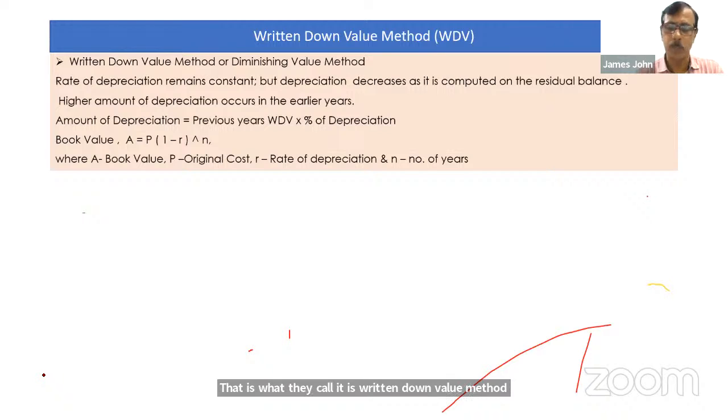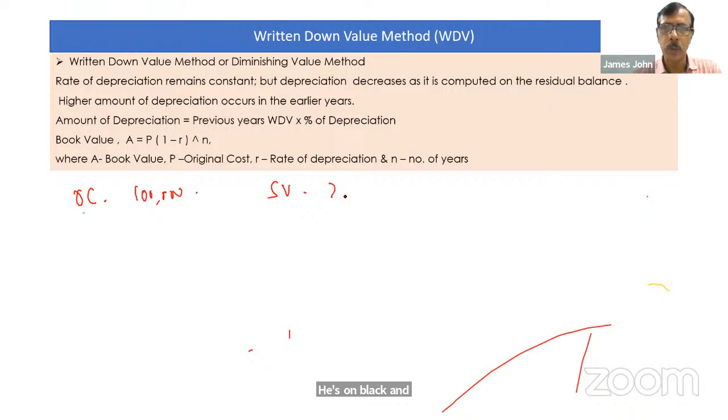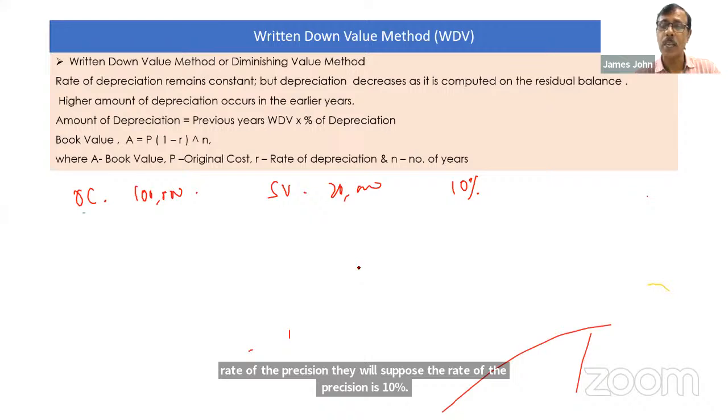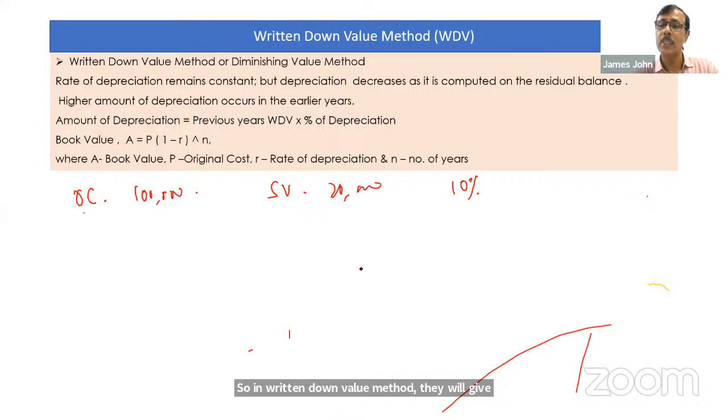I will give the same example. Suppose the original cost is 1 lakh and salvage value is 20,000. Here, the rate of depreciation they will give. Suppose the rate of depreciation is 10%. So in written down value method, they will give the rate of depreciation, whereas in the case of straight line method, either they will give the rate of depreciation or they will give the useful life.